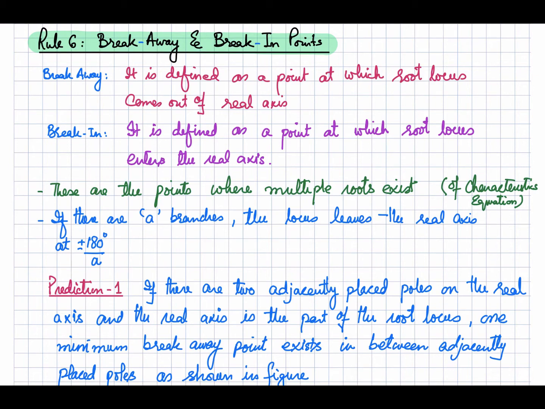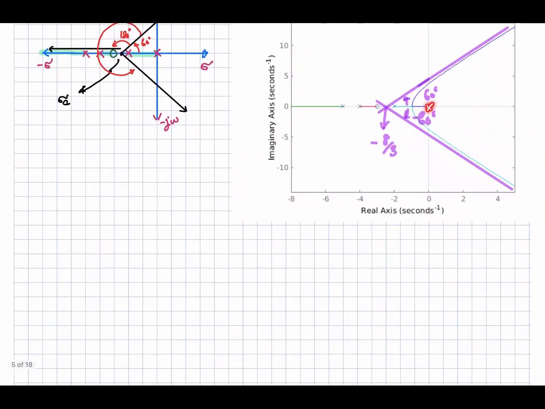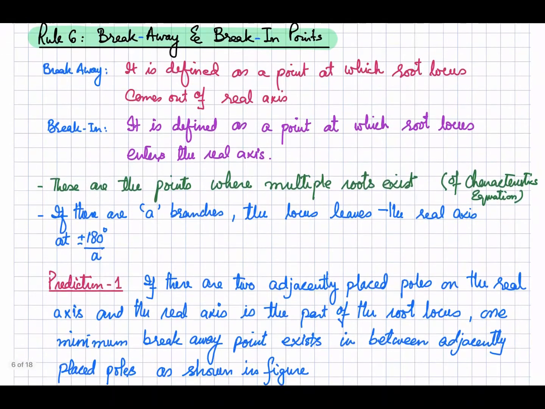Okay, so these are the points where multiple roots exist. Why? Because you can see over here, this pole is moving over here and this pole is coming over. When they overlap each other, then they come out of the real axis. So you have two roots over here. Similarly, there may be multiple roots at the break-in as well. So these are the points where multiple roots of the characteristic equation exist, right?